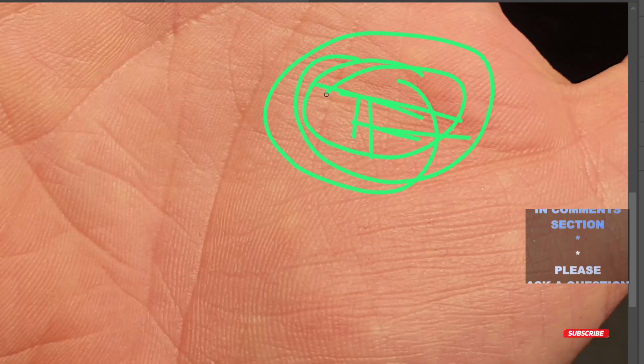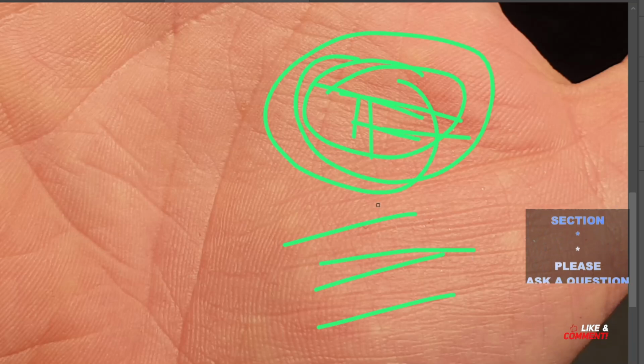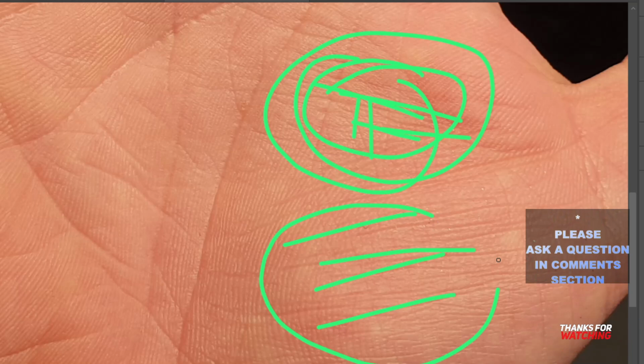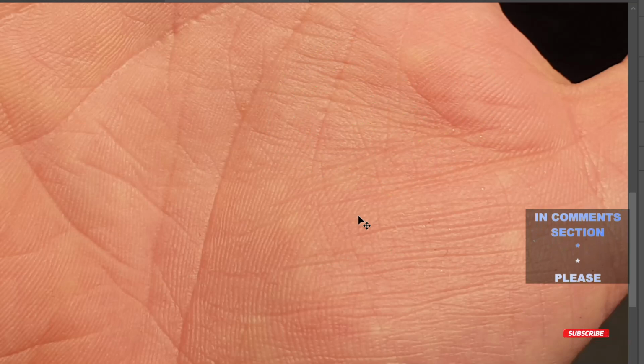We get angry over wrong issues. If we get angry over wrong issues, our fire is getting misused. So misuse of fire. These horizontal lines are not very prominent, but I'm still telling you. The person is kind of misusing their fuel, because Venus is the area of fuel and Mars is the area of fire. So that's what it is.